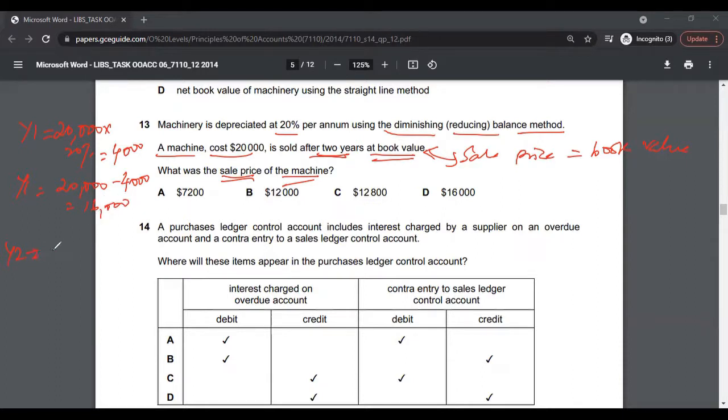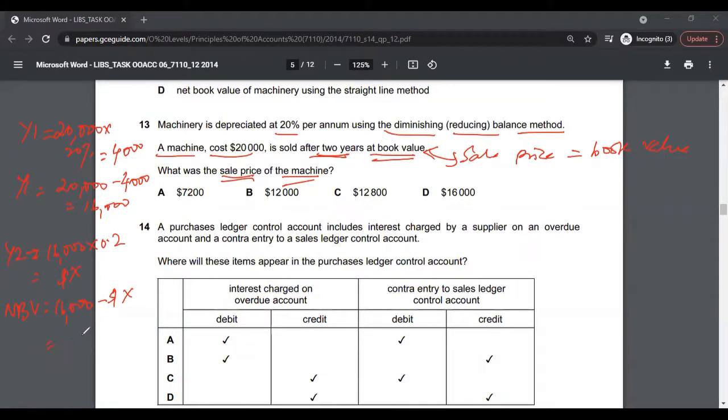In year two, you would again charge the depreciation expense on 16,000. So 16,000 times 20% will give you X dollars of depreciation, and then the net book value would be 16,000 minus the X dollars depreciation.